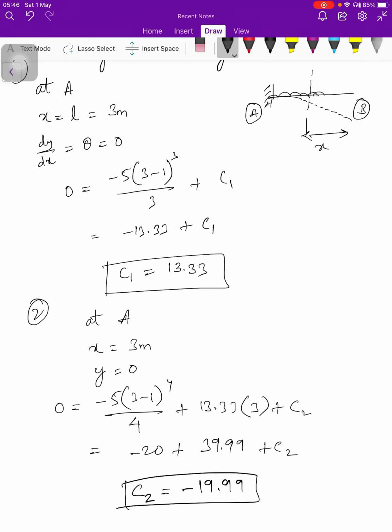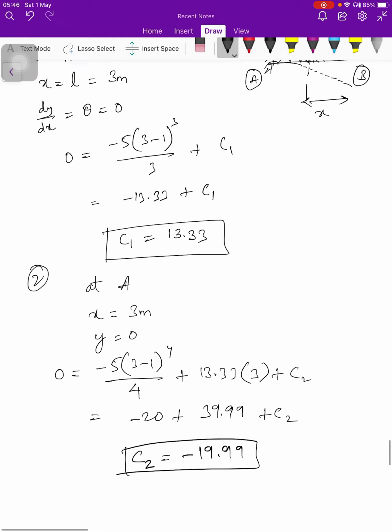Just remember, in the case of cantilever beams, generally we have C2 will be negative and C1 will be positive. This is a general condition for a cantilever beam.